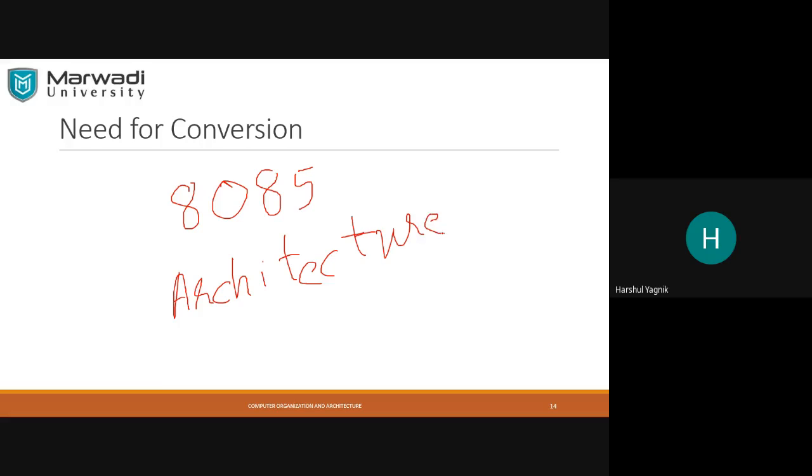You need to download the architecture of the 8085 microprocessor and study the architectural components for this. I give you 10 minutes for this and you need to do this right now.